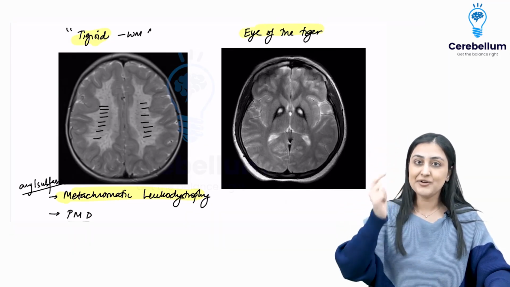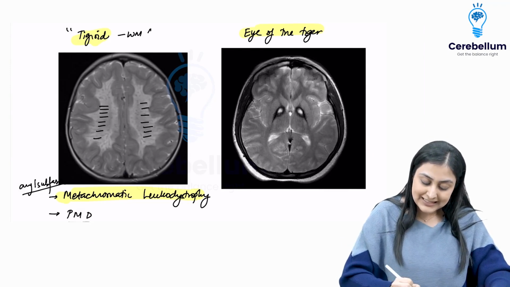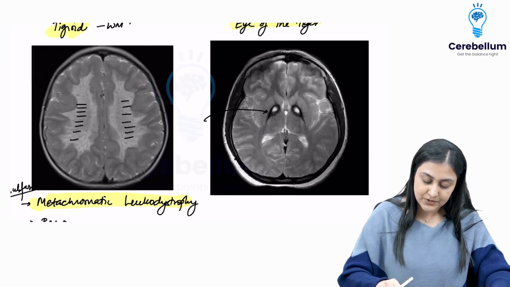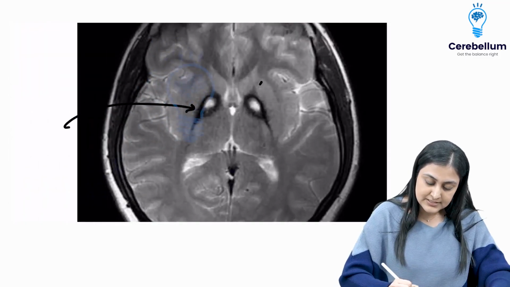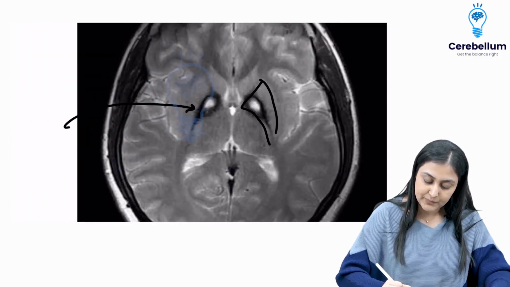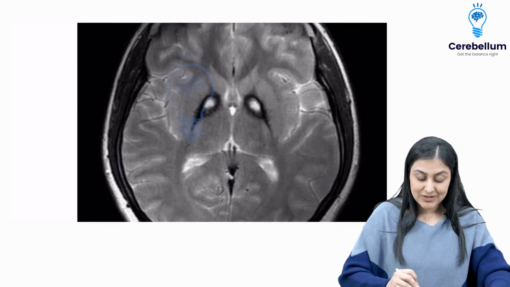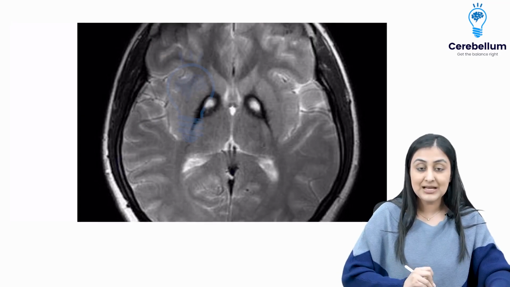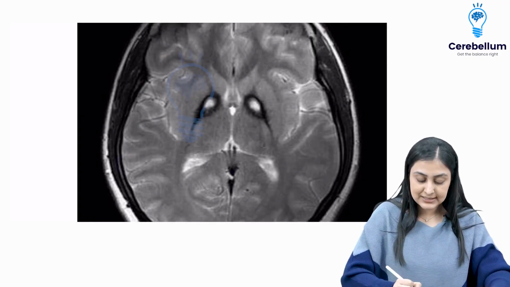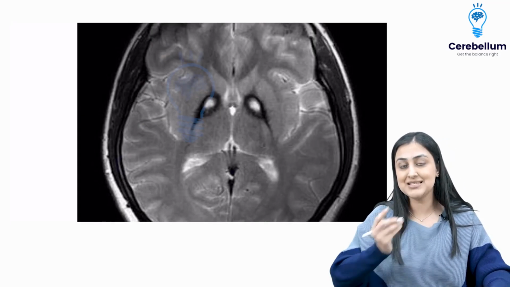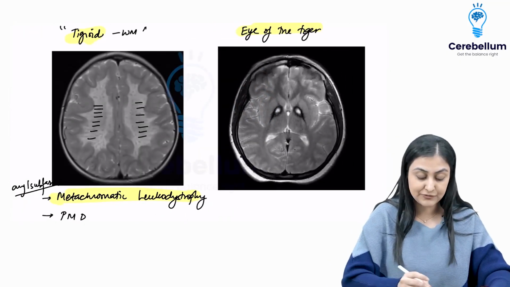Yeah. So the eye of the tiger sign is when, in the globus pallidus, remember the anatomy, here this is the lentiform nucleus. So you have the outer putamen and inner globus pallidus. Within the globus pallidus, can you see how there is hypointensity and then there is central hyperintensity, which does look like the eye of the tiger?